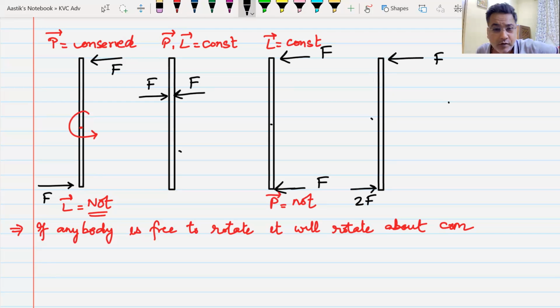In this case, both are not conserved, sir. So it is going to move as well, it is going to rotate as well.